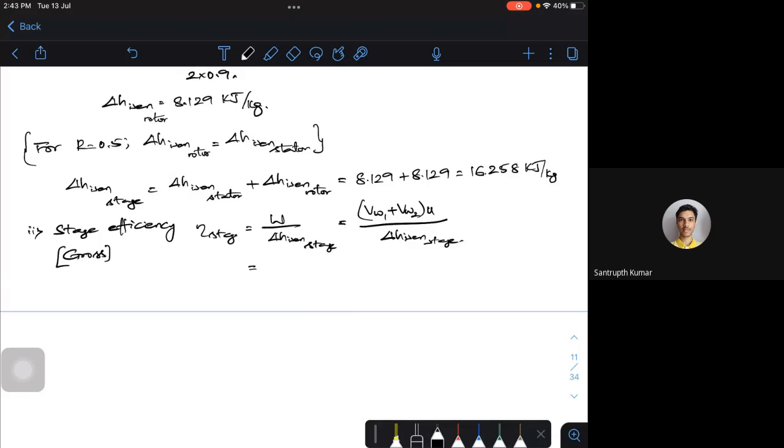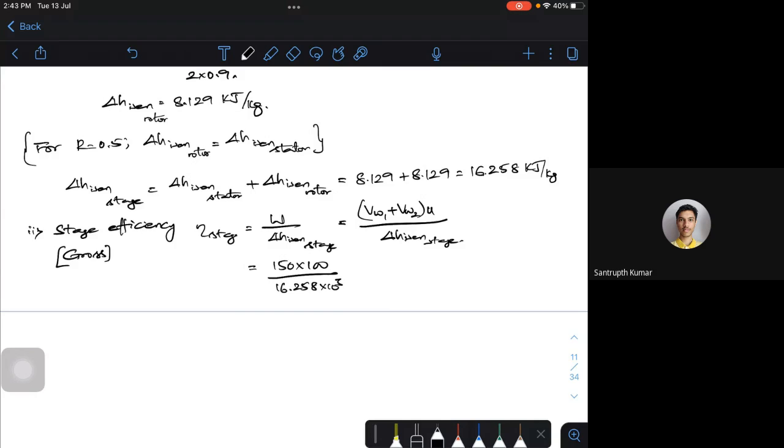So if I substitute, VW1 plus VW2 is 150 meters per second, 150 into U, which is 100, divided by 16.258 kilojoules, that is 10 to the power of 3.